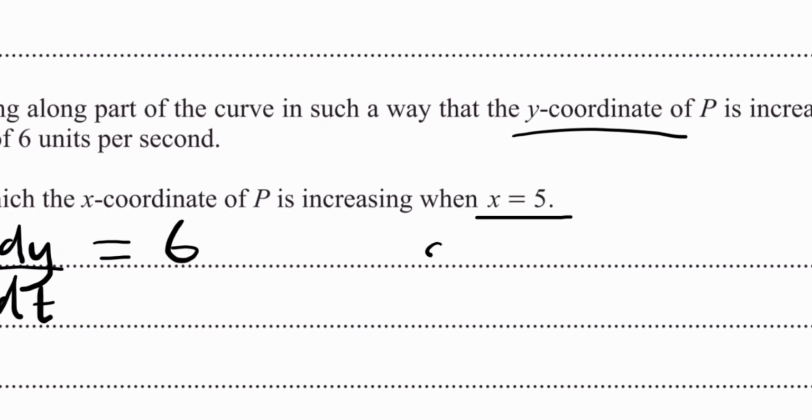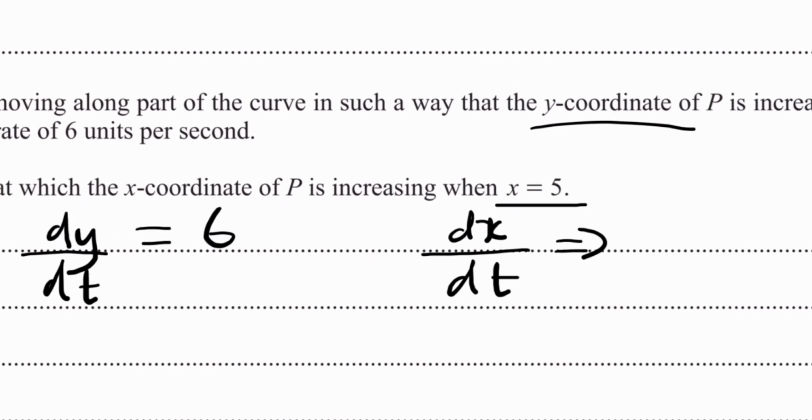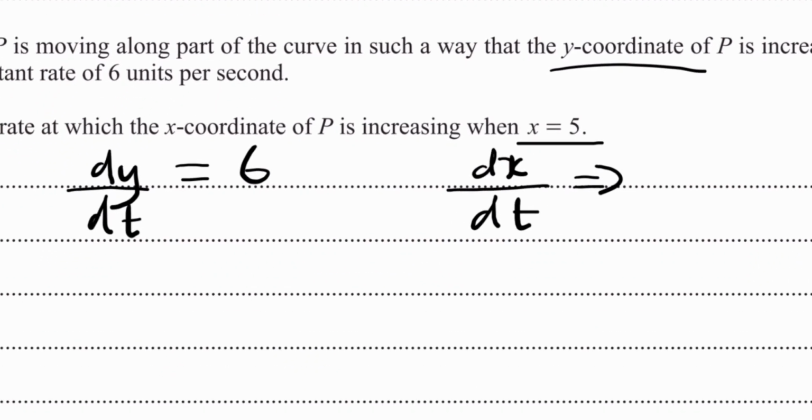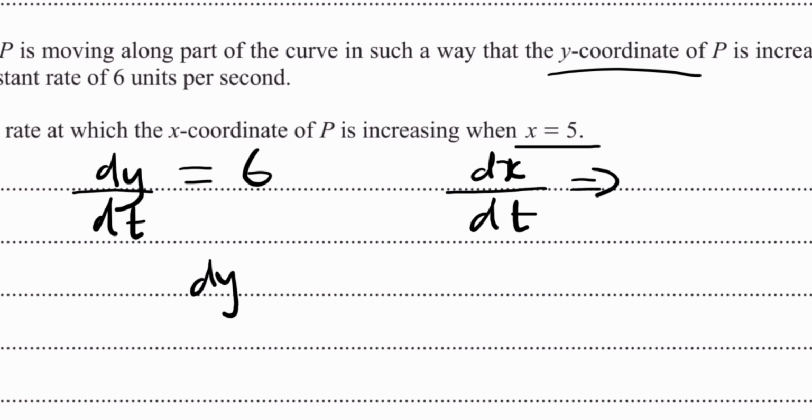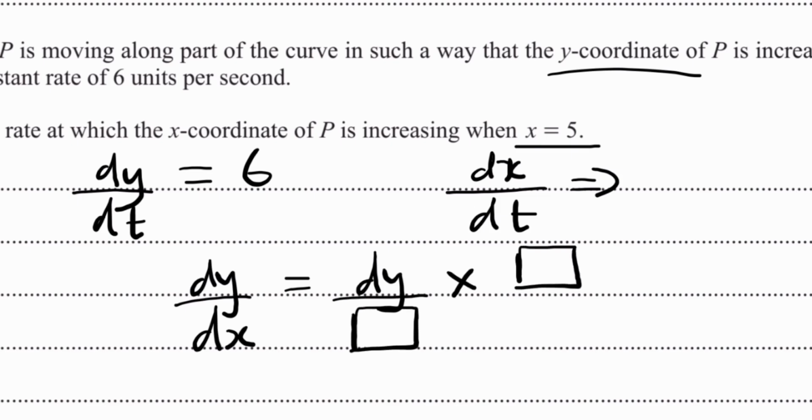So we're being asked to find dx/dt, the rate of change of x, right? And looking at this, you can see that we can use dy/dx to connect them. So to get dy/dx, it's dy over something times that over dx, right? Assuming that this will cross out.